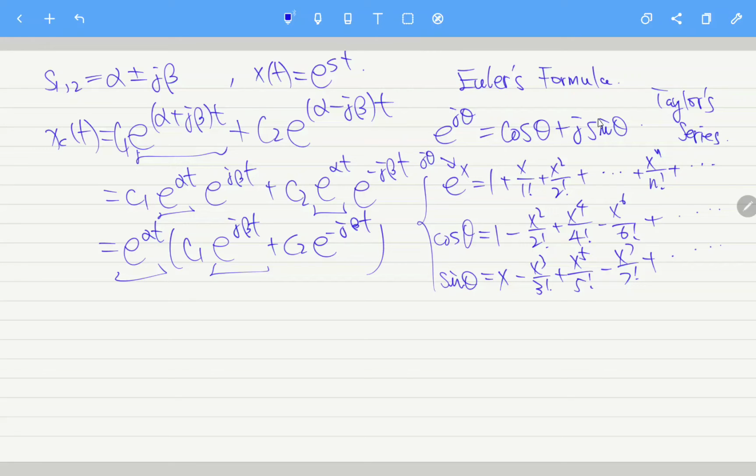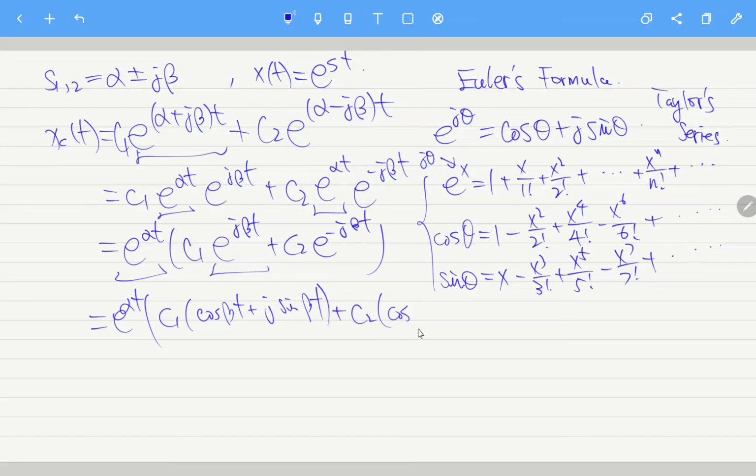Okay, so here we can make use of this Euler's formula. So we can have exponential to alpha t times c1, and then here we have a cosine of beta t plus j sine of beta t, and then plus c2 times cosine of negative beta t.